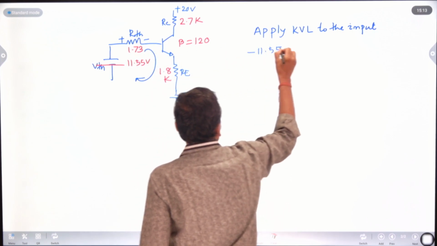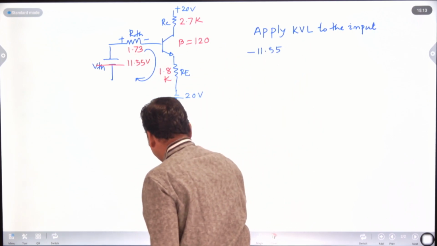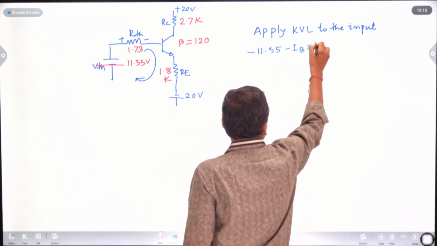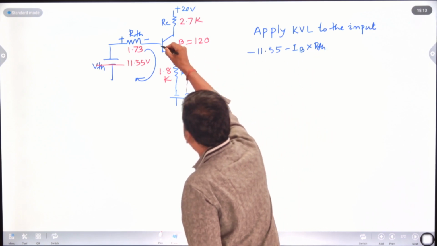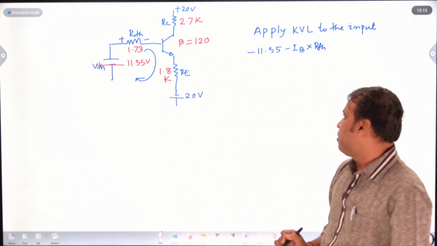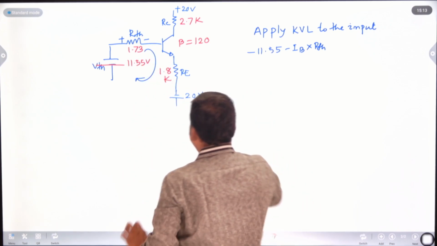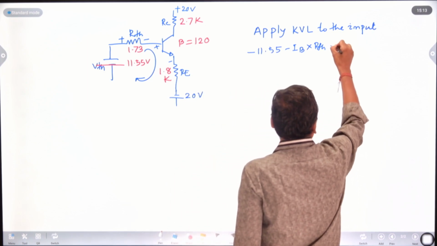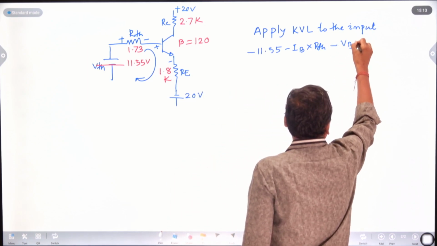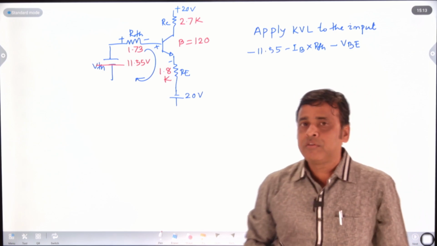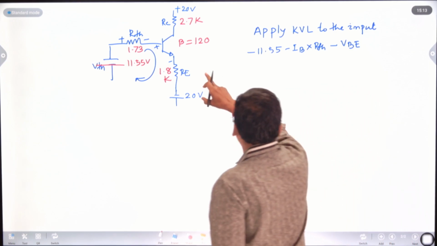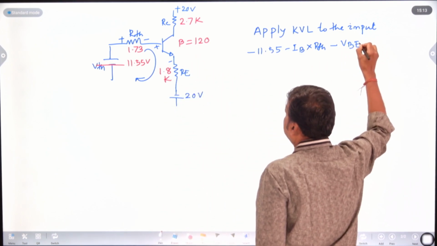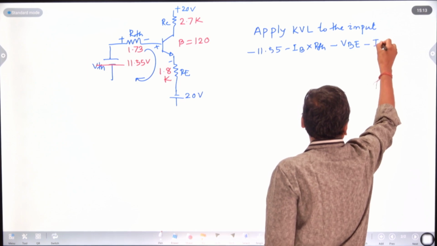Then plus minus minus IB into RTH, then there is a potential between base and emitter. If the voltage is not mentioned, you have to take into account that there will be plus and there will be minus, that is VBE, which is 0.3 for germanium and 0.7 for silicon. So minus VBE, then the current flowing through RE is nothing but the emitter current, so minus IE into RE.